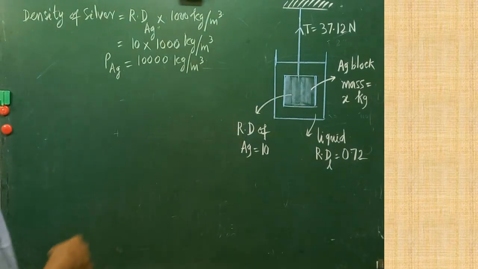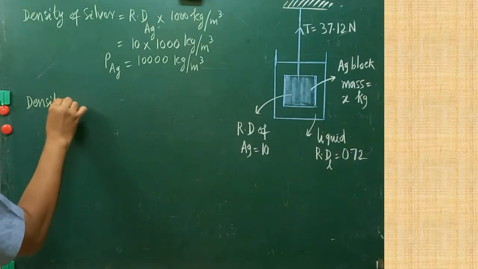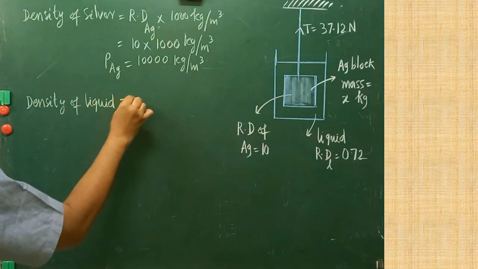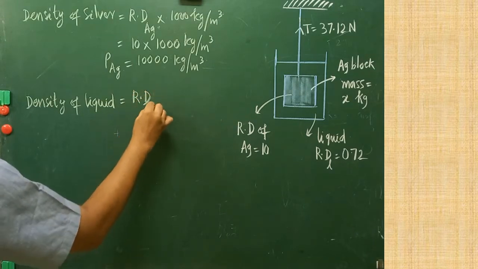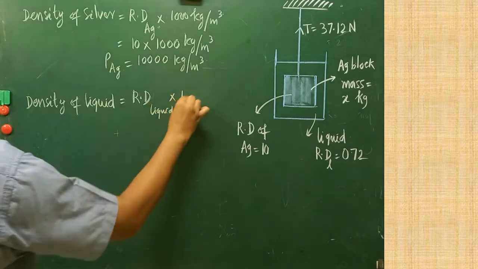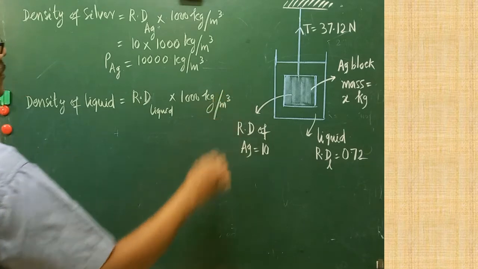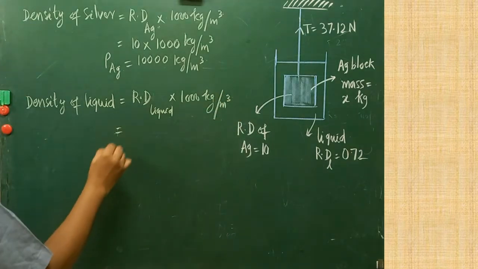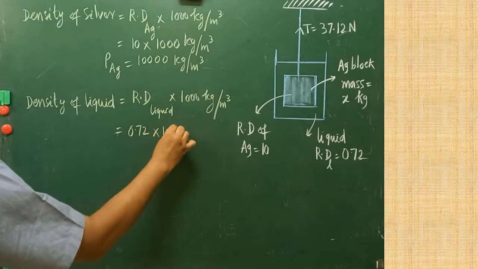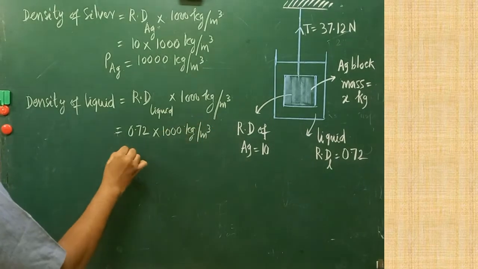After that we have to find out the density of the liquid. Density of liquid is equal to RD of liquid, that is given, times the density of water. Are you clear? Substitute now. RD of liquid is 0.72 into 1000 kg per meter cube.